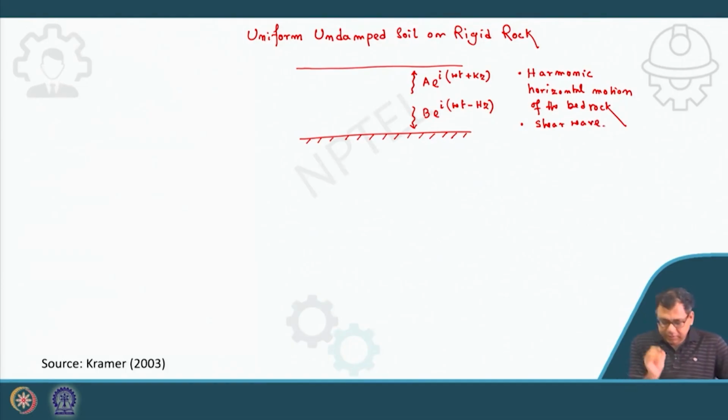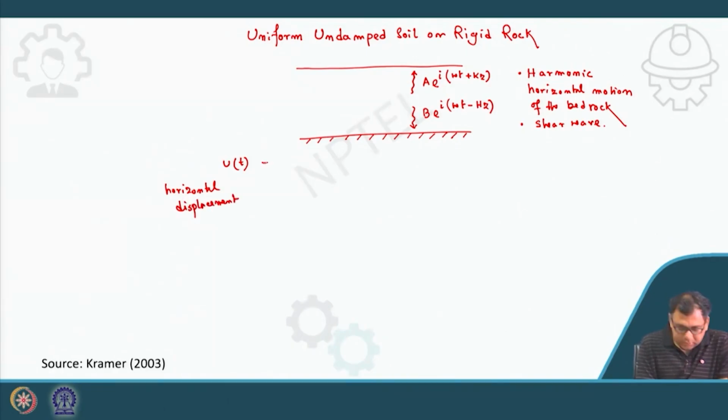Now, the response, the horizontal displacement, we will get as A e^(i(ωt + kz)) plus B e^(i(ωt - kz)).